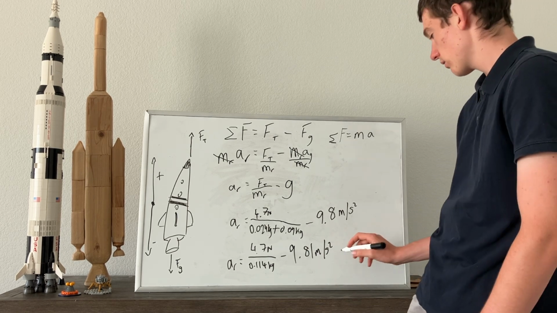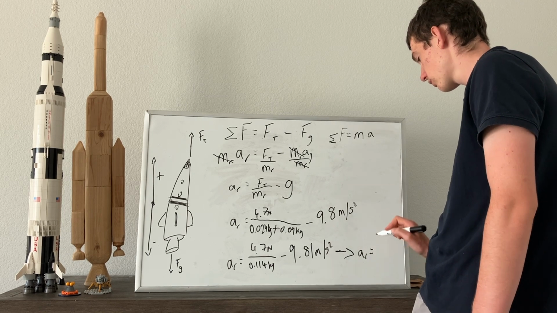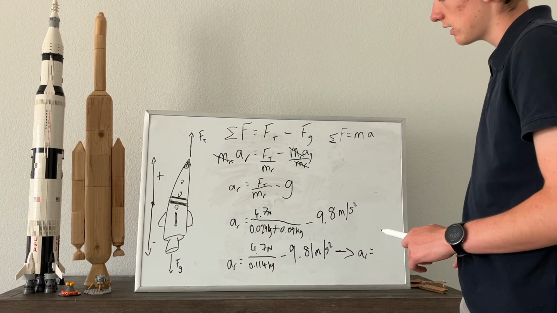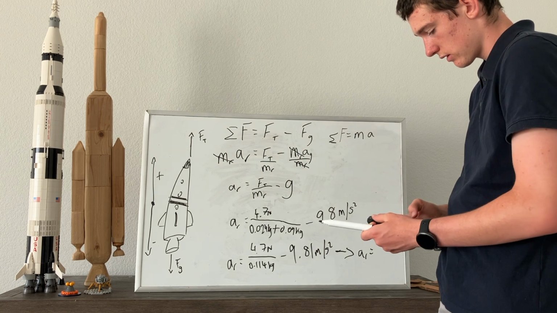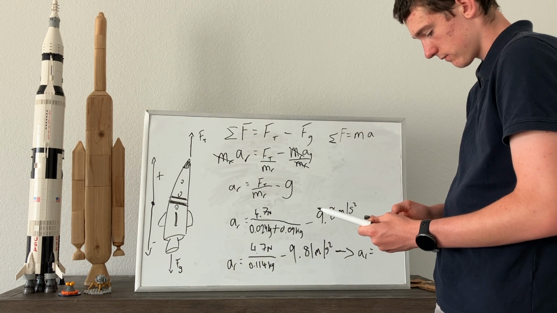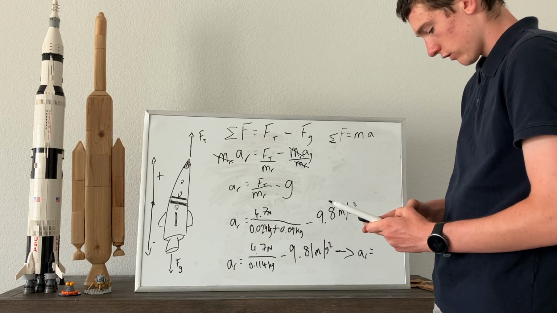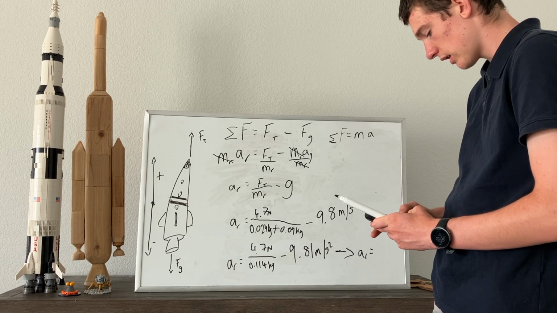Now, I don't have a calculator on me. Let me draw this arrow. So the acceleration of the rocket is going to be, let me whip out the handy dandy calculator, 4.7 divided by 0.114 minus 9.81.